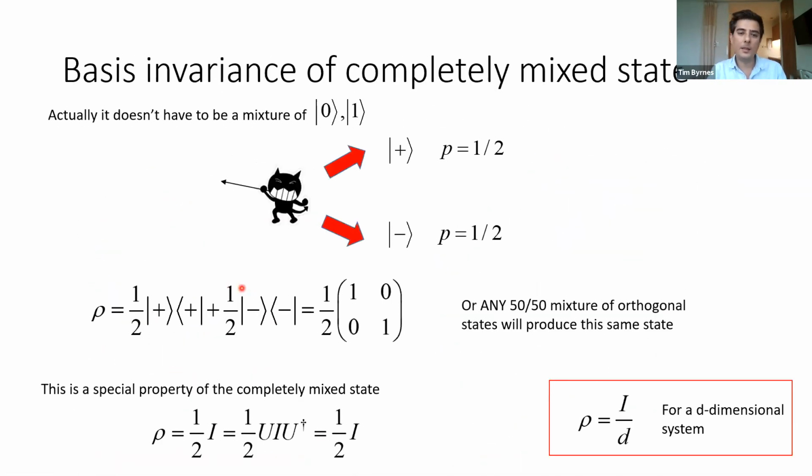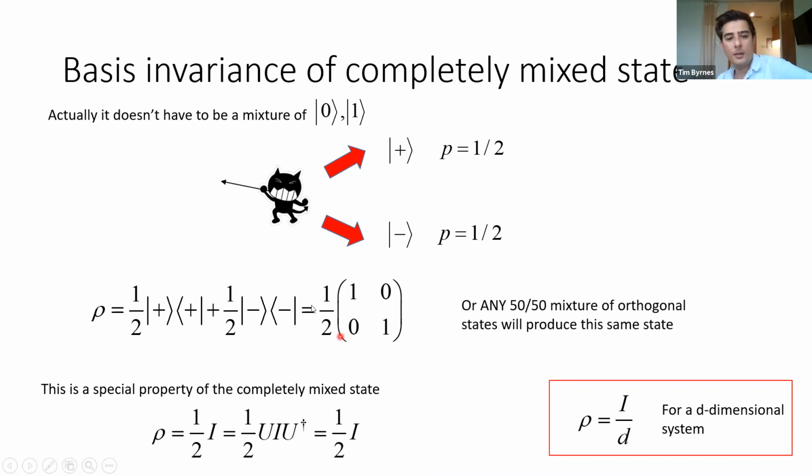But actually, it doesn't have to be just a mixture of 0 and 1. It could also be a mixture of plus and minus, and this produces the same state. This is an interesting fact about the density matrix.